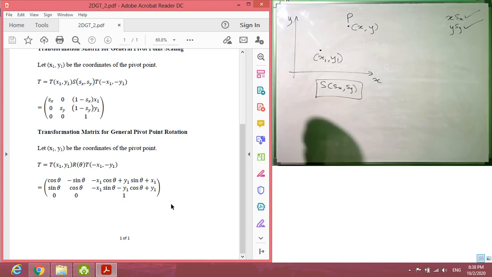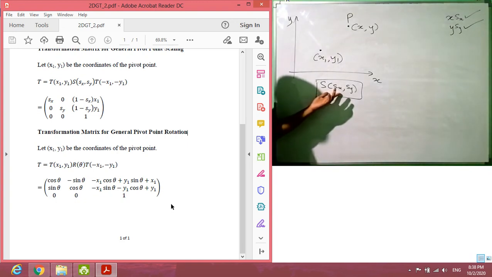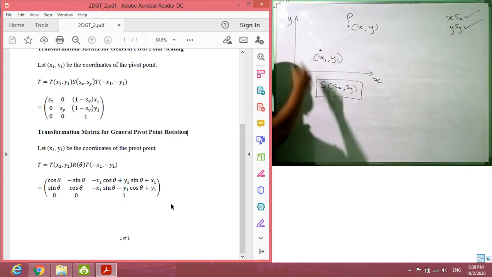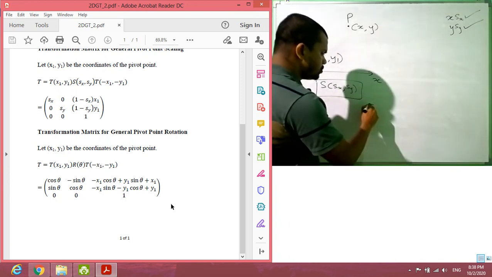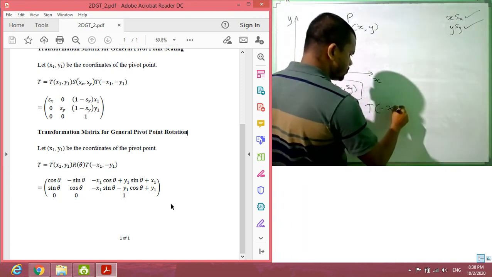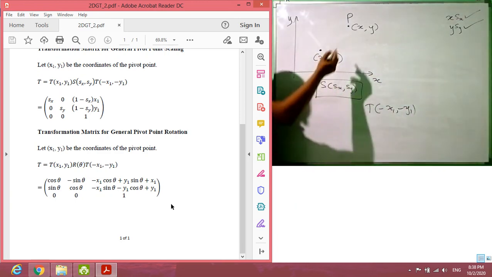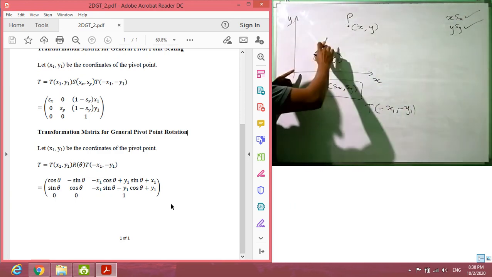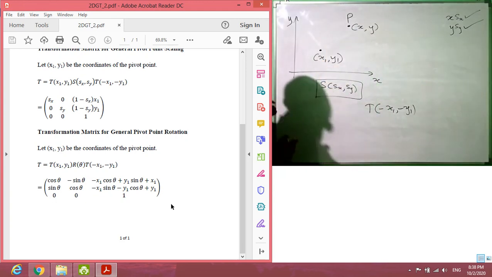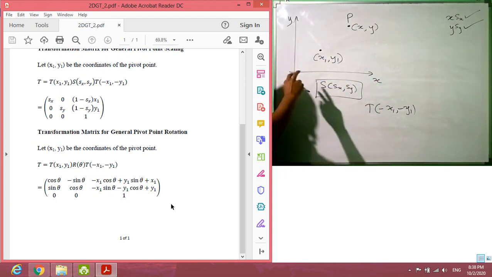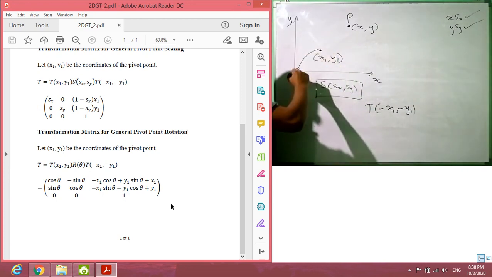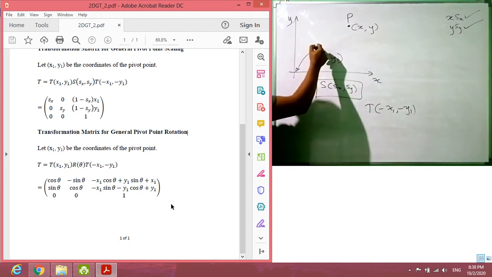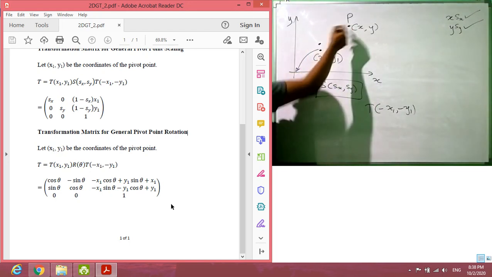Okay, we say this one will scale with respect to the origin, but if we want to scale with respect to a pivot point, first we have to translate. Now our new point comes here, then this point will be somewhere here.